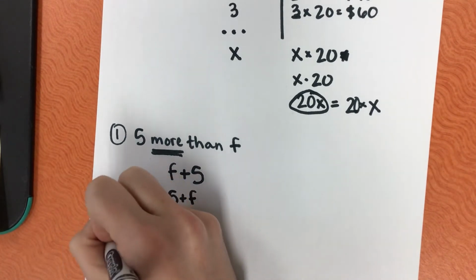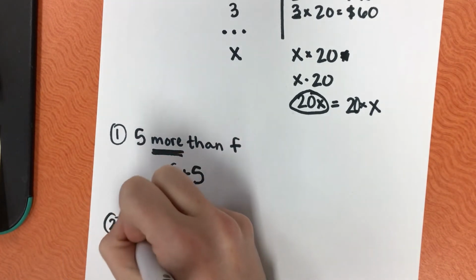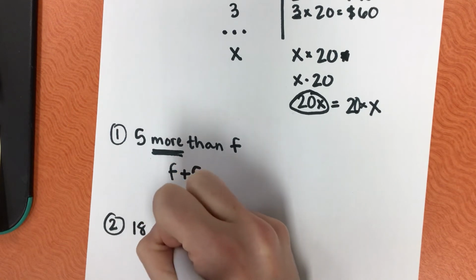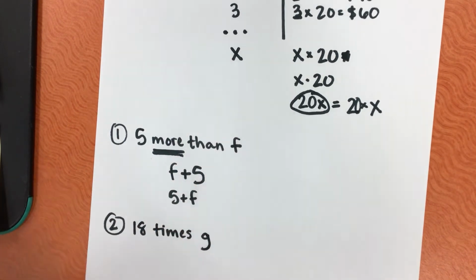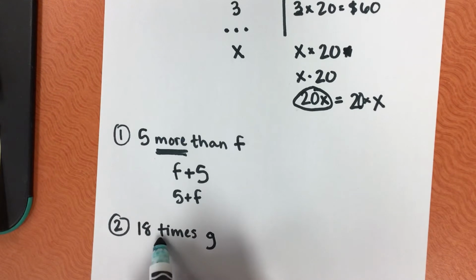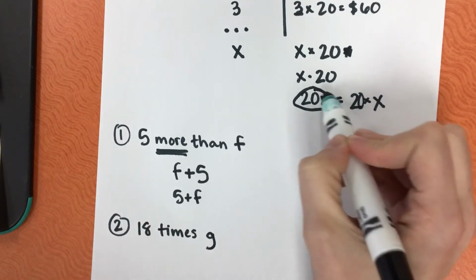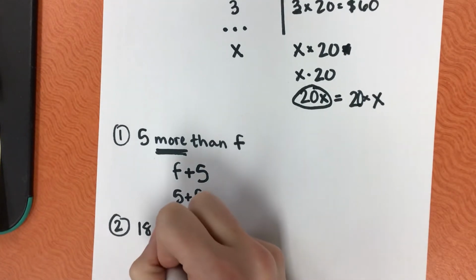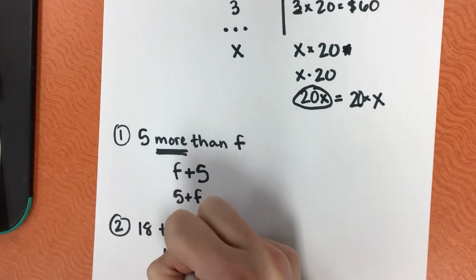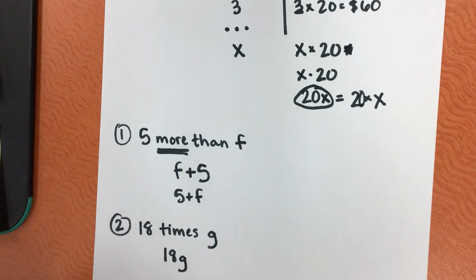Let's try another one. 18 times g. The word times tells me that we are going to multiply. Remember, when we are multiplying with variables, we kind of squish them together in one term. So I'm going to take 18 times g, and it just looks like that.